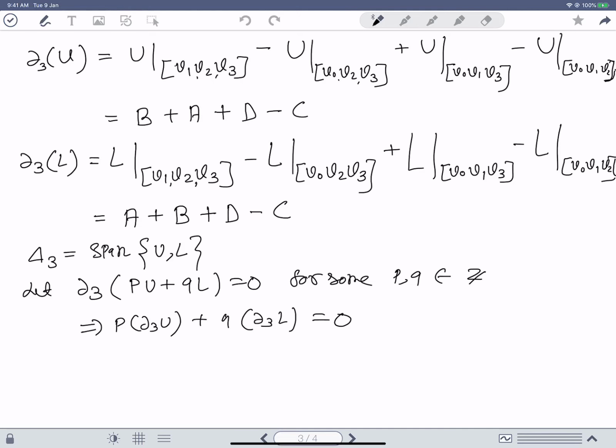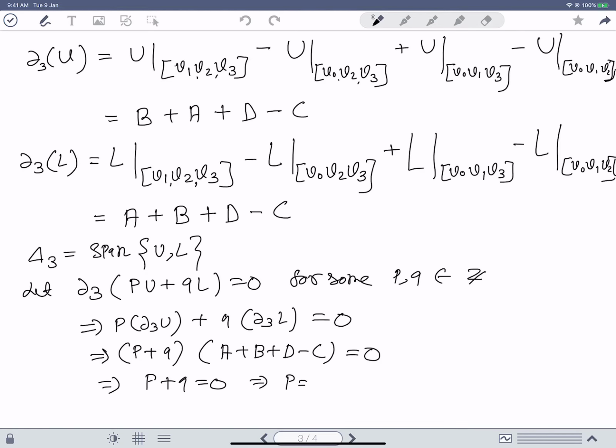Now we know that delta 3 of U and delta 3 of L both are the same, right? So we will have P plus Q into A plus B plus D minus C equal to 0. That means we have P plus Q equal to 0. That means P equals minus Q. Therefore the kernel of del 3 will be the span of U minus L. So that is isomorphic to Z.